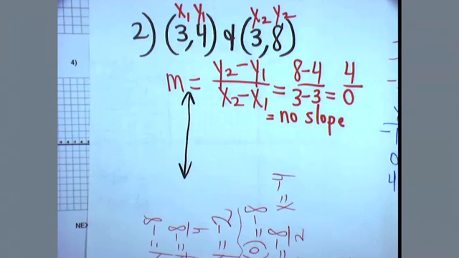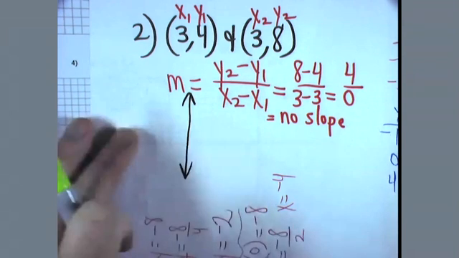I do have a question though. So you say if there's no slope, that means it's vertical, but what about horizontal? How do we know it's horizontal? Good question, Macon. For the other satellite campuses, the question was, how do you know that you'll have a horizontal line or the slope 0?